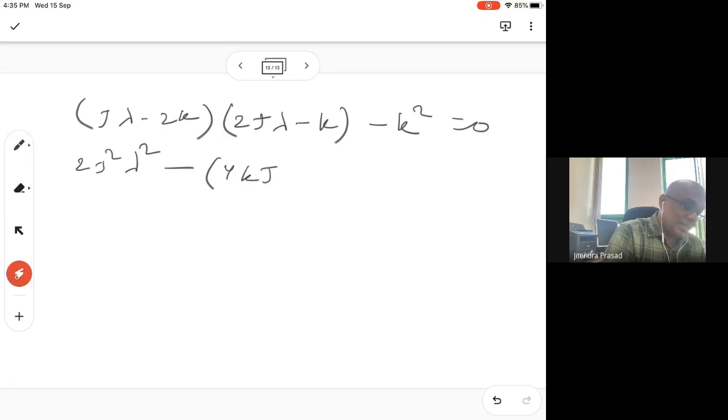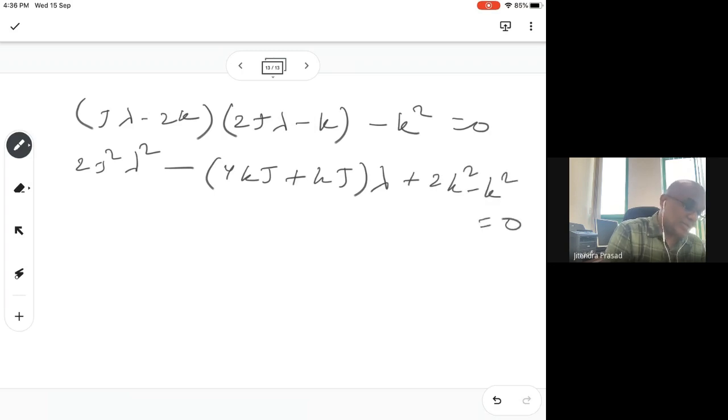Then similarly here to here we have KJ plus KJ multiplied by lambda, then we have plus 2K square minus K square equal to 0.